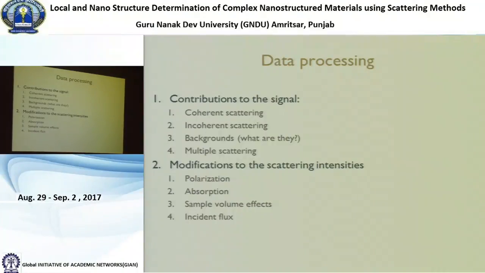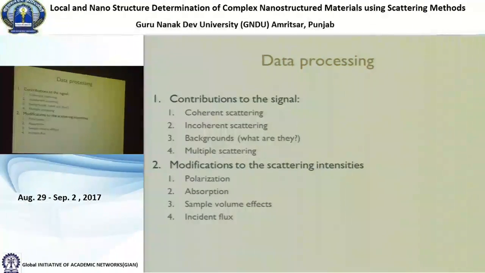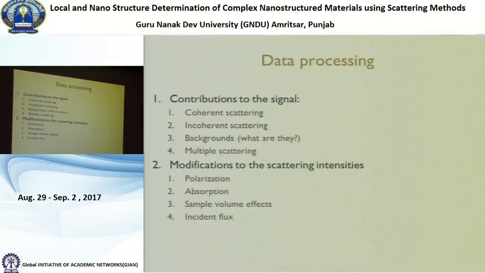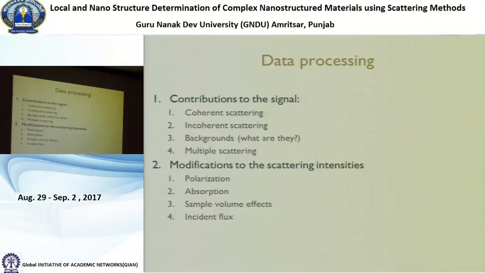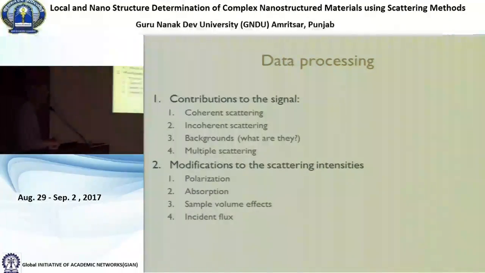Now, the raw data has in it the coherent scattering, and the coherent scattering is the part that contains the structural information. So the coherent scattering is the part that we want. But the problem that we have is that there are all these other experimental aberrations that are also affecting the data that we have to correct for.